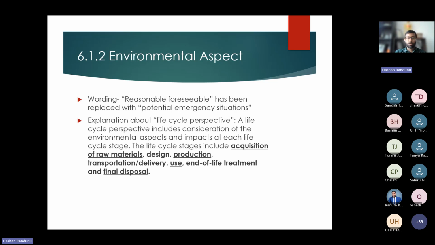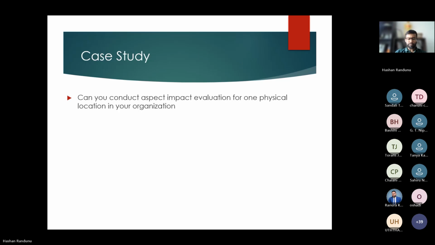Even though they do not have direct control of the manufacturing process, they influence their manufacturers to align their operations with the requirements of particular ISO standards. That kind of influence they can exert when they consider the life cycle perspective, right?